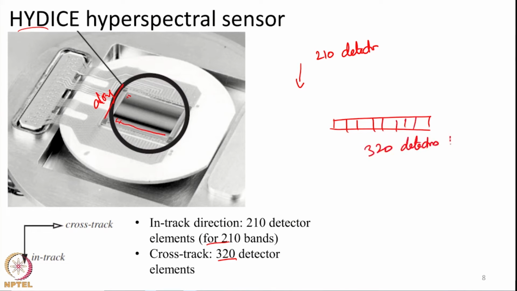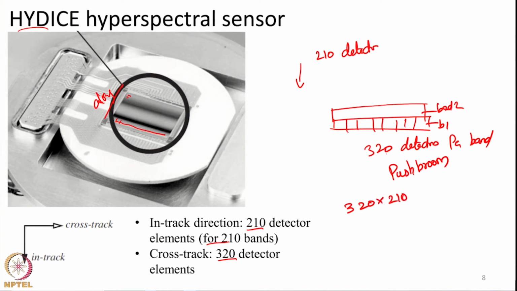Essentially this is a push broom type of sensor, and for each band there will be one row of detectors. This is band 1, this is band 2, each band will have 320 detectors, and like this there are 210 bands. So essentially 320 into 210 number of detectors. This is a push broom type hyperspectral sensor because it collects data in 210 bands simultaneously.